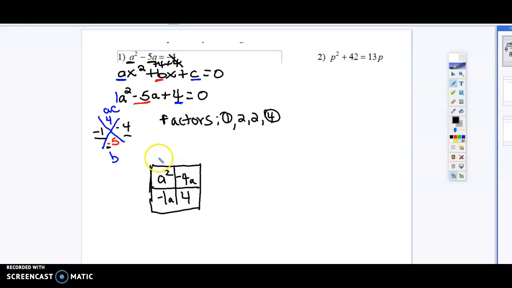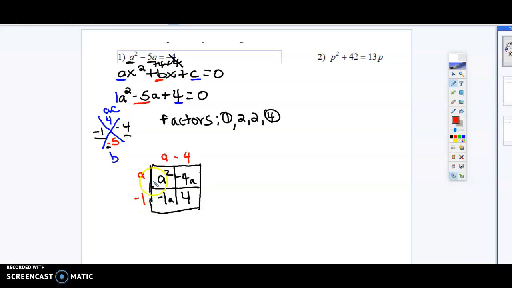It doesn't matter. Now we're going to take the greatest common factor from each row and column. Out of this column, the greatest common factor is going to be A. Out of this column, it's going to be -4. Out of this row, it's going to be A. And out of this row, it's going to be -1.